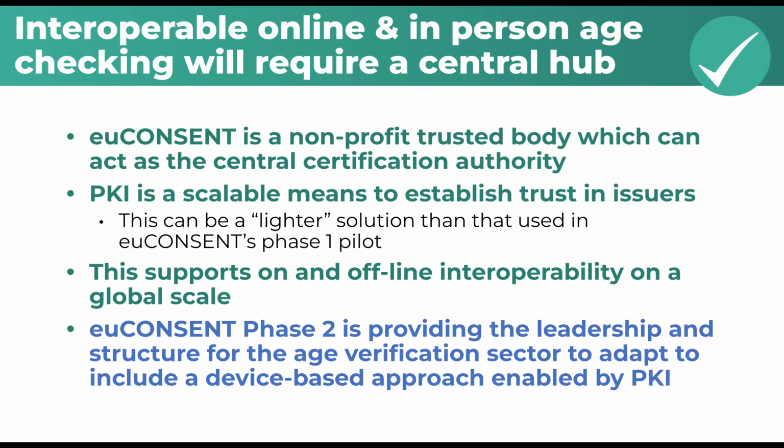The PKI is scalable to enable trust from the issuers, and it can be a light solution that's used in things like the EU consent phase 1 pilot. Online and offline interoperability is one of the goals needed for age verification, and this is one of the possibilities of getting us there. Phase 2 of EU consent is providing leadership and structure for age verification to adopt a device-based approach enabled by the PKI.